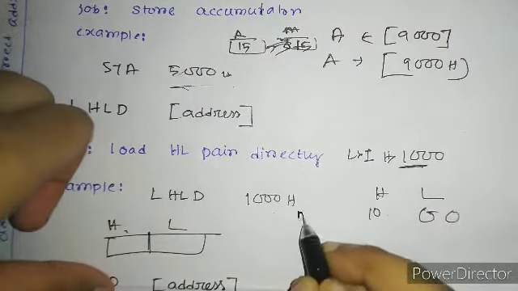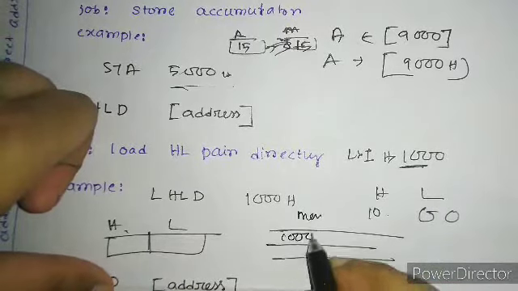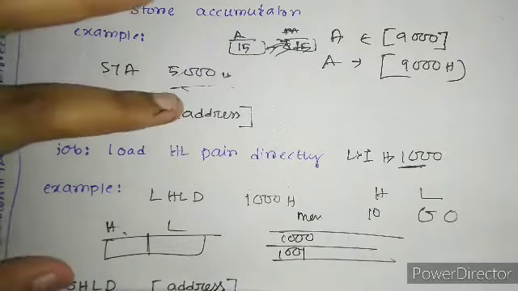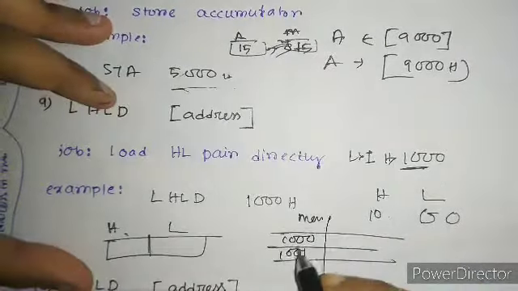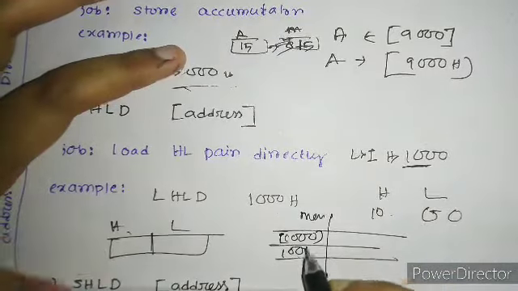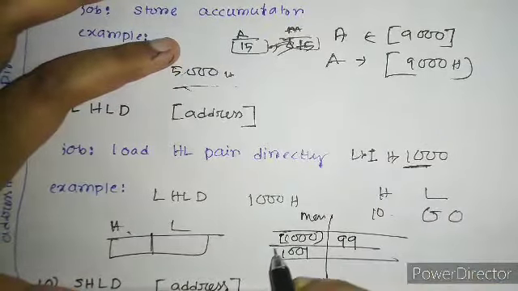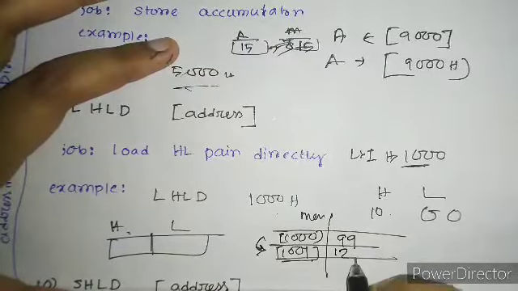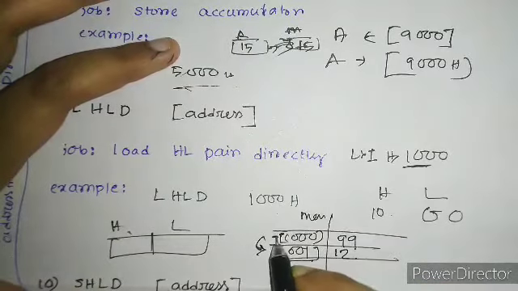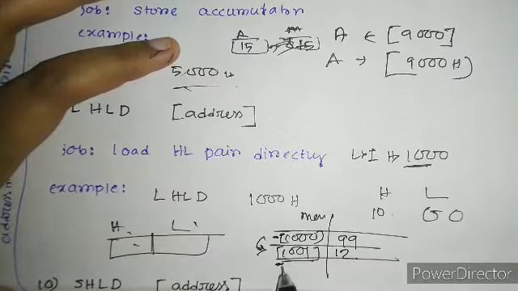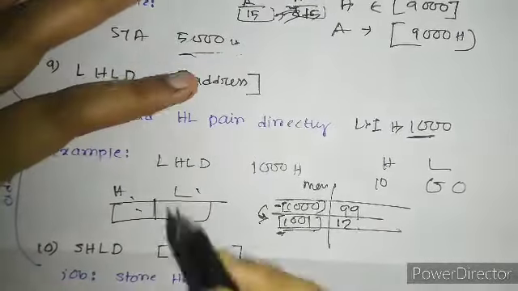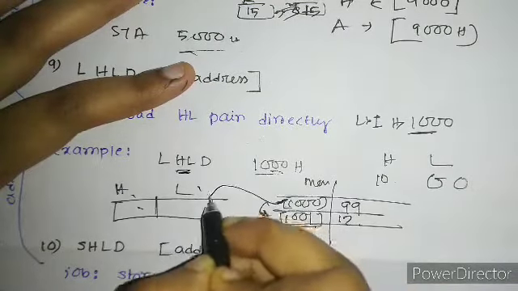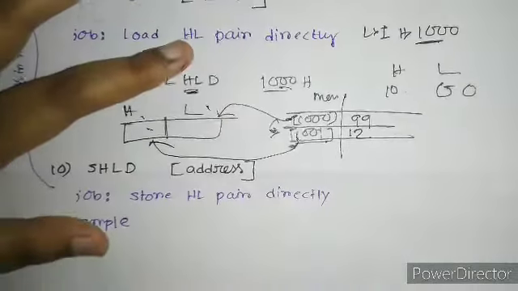This is about memory locations 1000 and 1001. The instruction LHLD address means first go to the address 1000 and get the data, then go to the incremented address, that is 1001, and get the data 12. H is the higher byte, L is the lower byte. So it will load the HL pair with the data from 1000 and 1001 respectively.